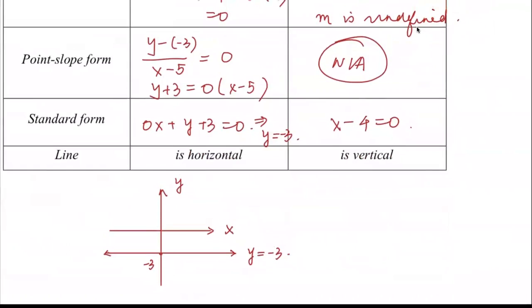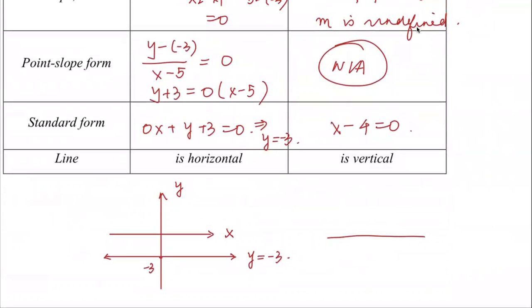If we want to draw this in a graph, then it will be like this. So this is x-axis and this is y-axis, okay? This straight line, this is x is equal to 4. Why? Because we can see all the points on this straight line have the same x coordinate.